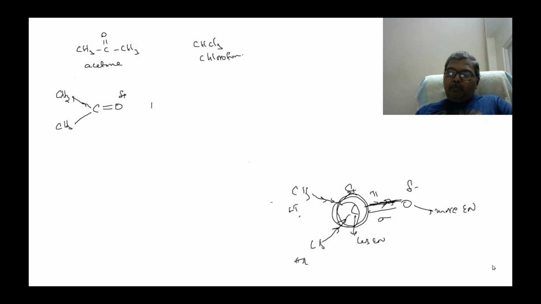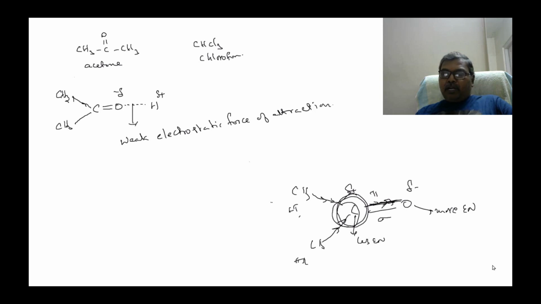When acetone and chloroform are mixed together, there exists a weak electrostatic force of attraction between the partially negative charged oxygen of acetone and the partially positive charged hydrogen of chloroform.